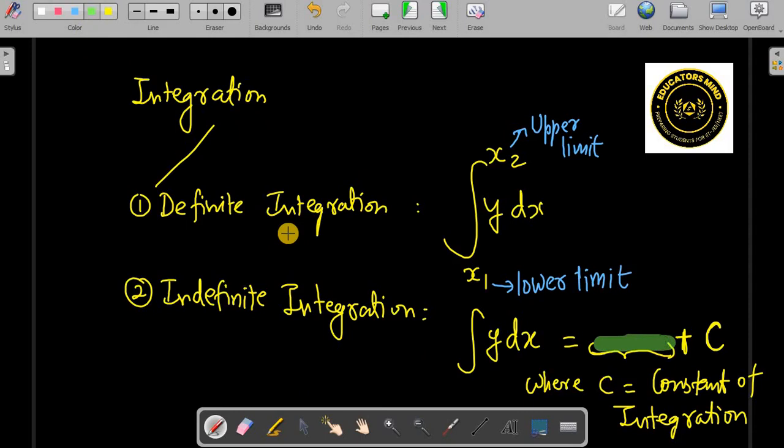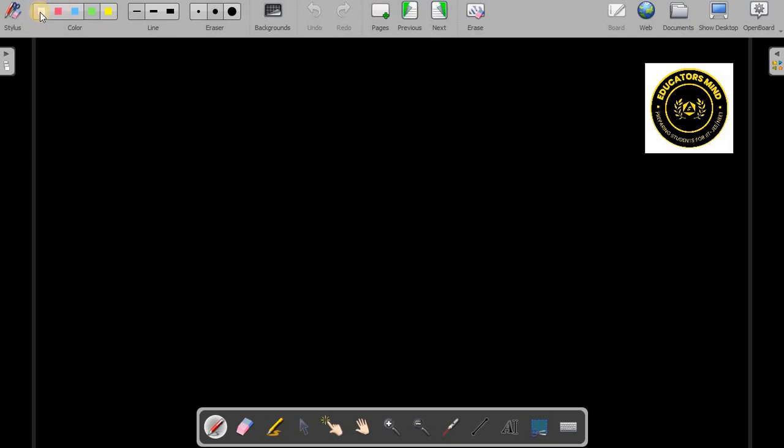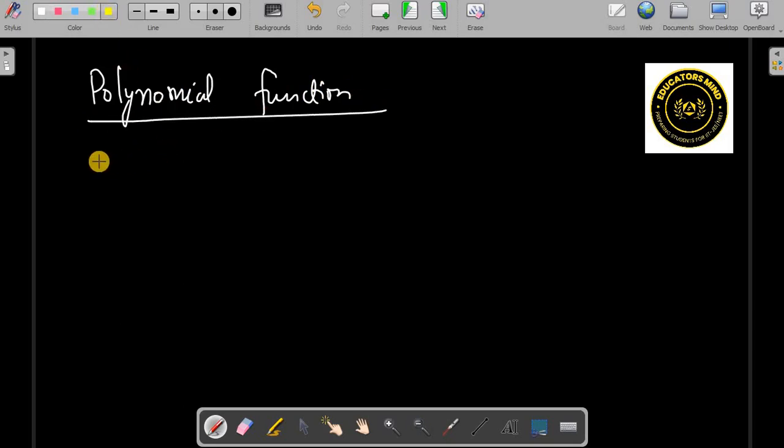Now we can see some important formulas in integration. Let us see polynomial functions first. The first important formula is integration of x to the power n dx.